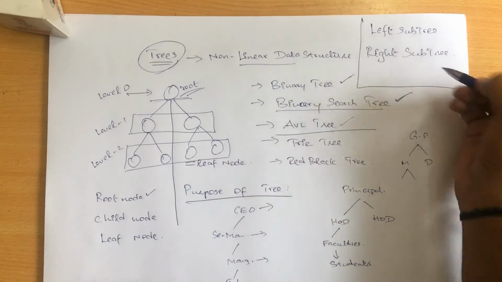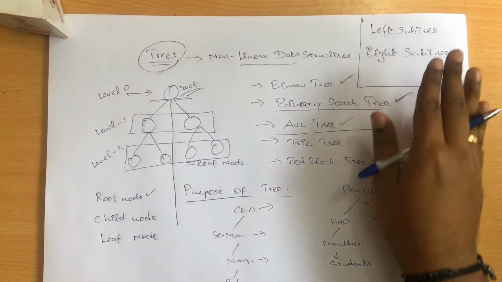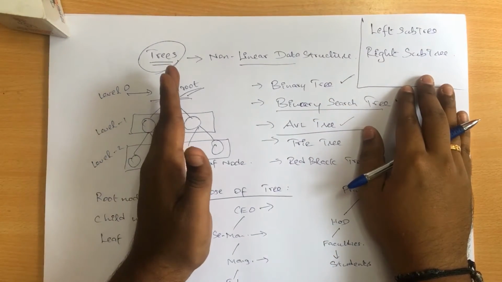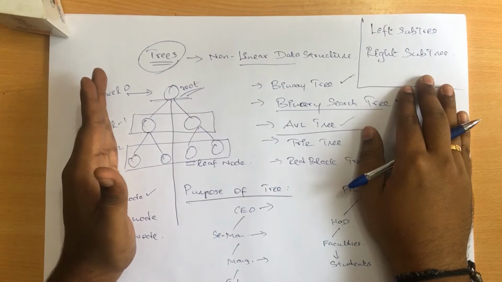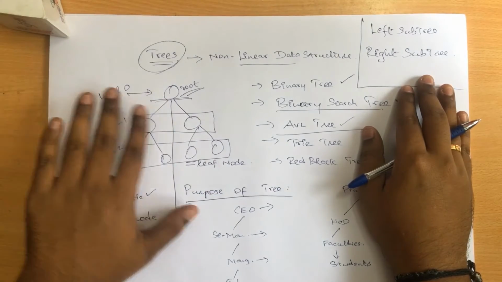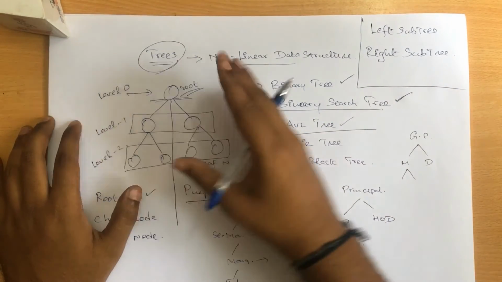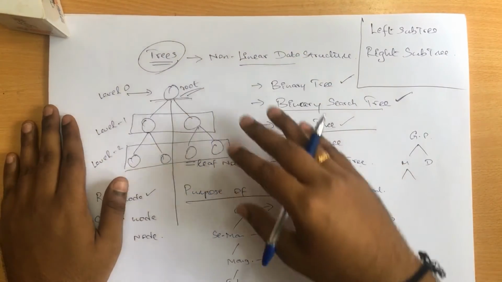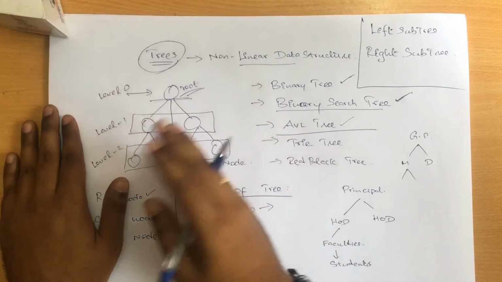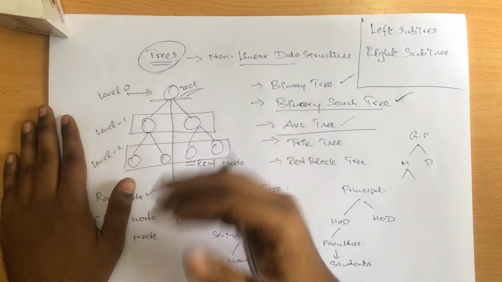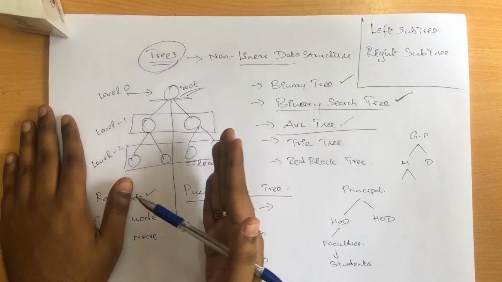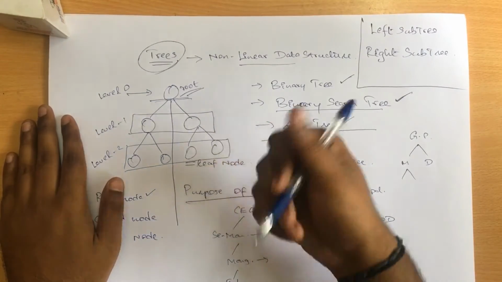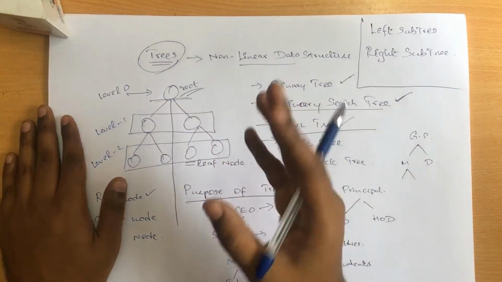The left subtree is nothing but the root's left. So whatever values or nodes we have on the left side of the root, it is entirely called the left subtree. And the root's right, so whatever values we have on the right side, it is called the right subtree. So this is how a tree has 2 divisions. One is the left subtree and another is your right subtree. So this is one more thing which we need to focus on in a tree algorithm.